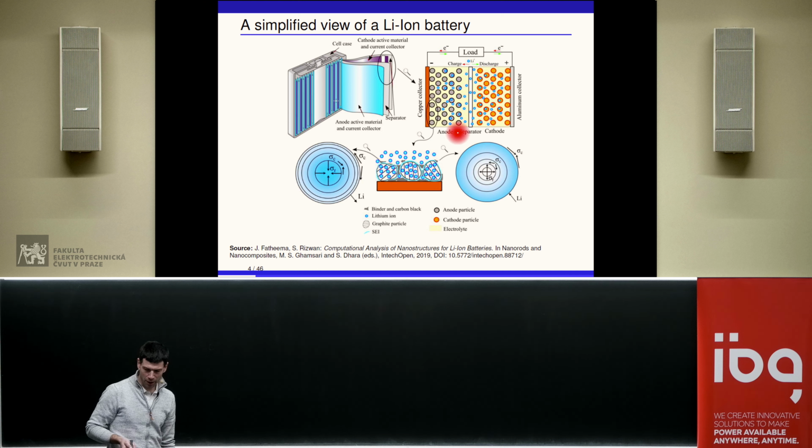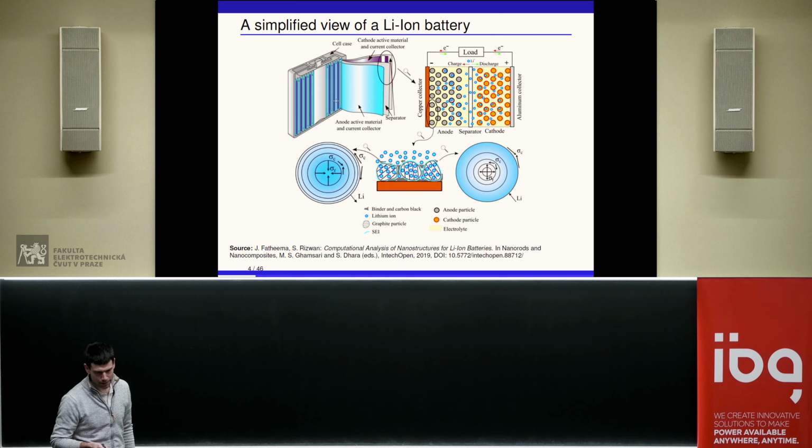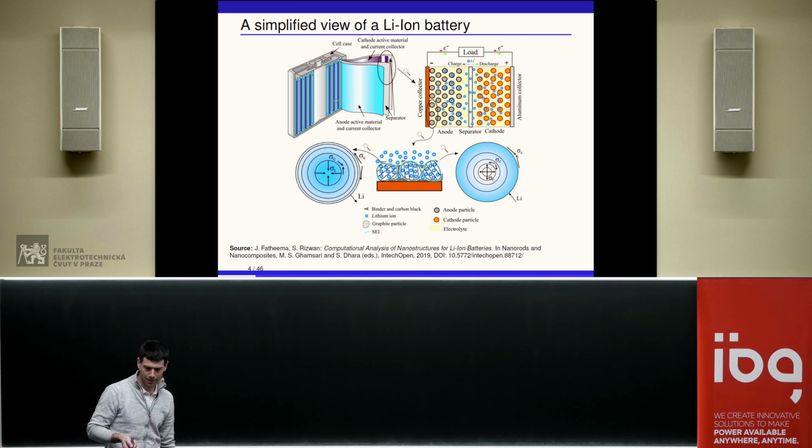So from the microscopic point of view, both the anode and the cathode can be represented, of course in a simplified model, as spherical particles, where the lithium ions enter through the surface of the particles, and then they can move toward the center, or vice versa.